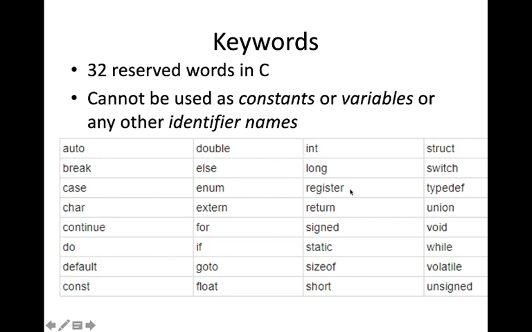Like this, there are 32 different keywords: auto, double, int, struct, break, else, long. These are reserved words. Users cannot use them for defining their own constants, variables, functions, or anything else. We'll understand this when we write C programs.